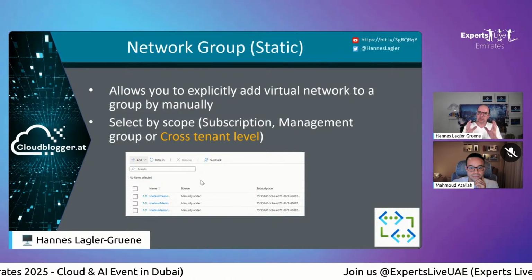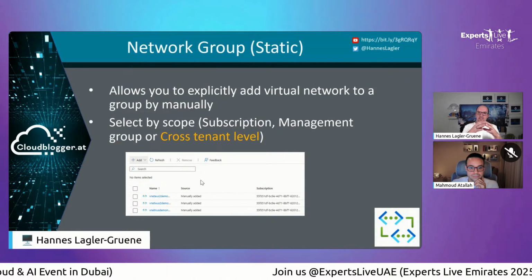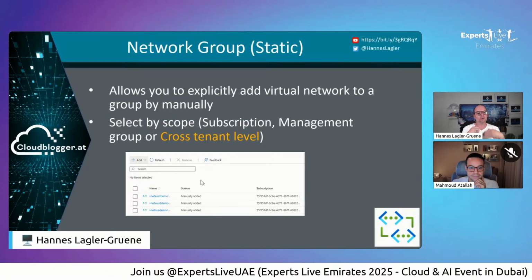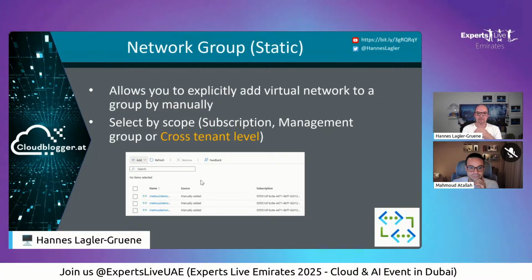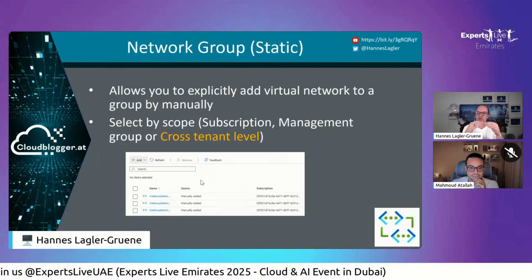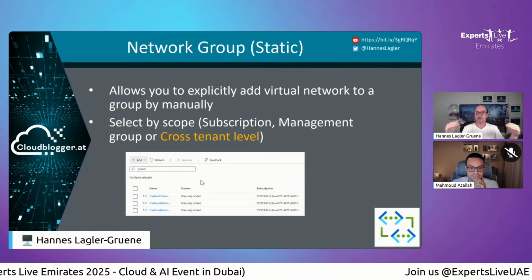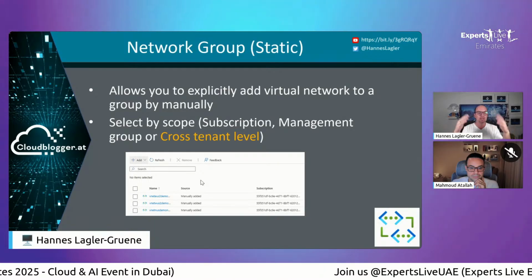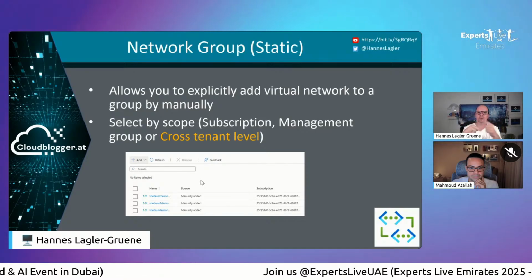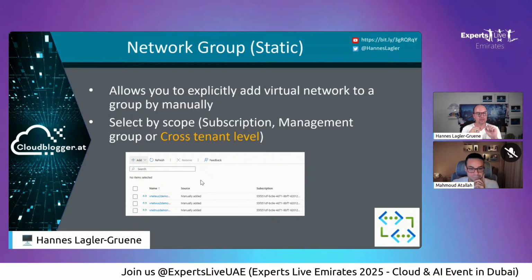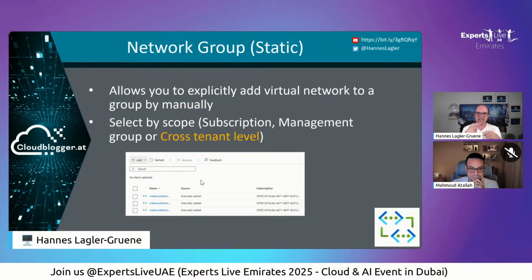So let's go ahead with the really easy one, the static network option. You're defining your group and saying, hey, I have my scope defined, for example, my management group. And when you want to add a static virtual network, the virtual network manager will scan, based on your scope, all your environment and check, okay, I have, for example, 20 virtual networks. What kind of virtual networks do you want to add? And here is one limitation at the moment about tenant level.